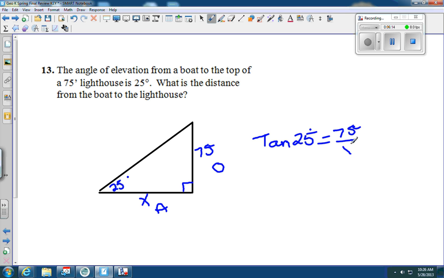If I'm solving for x, I cross multiply and divide, and I get x equals 75 divided by tangent of 25.